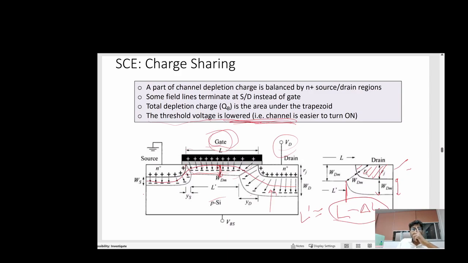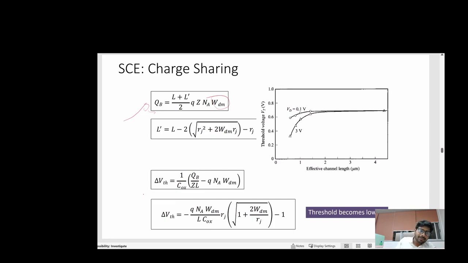So because of the effective gate voltage, this is the QB charge in the channel.